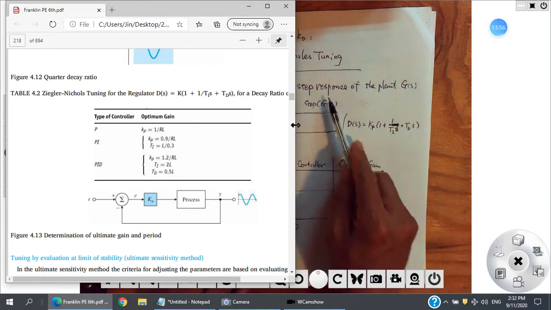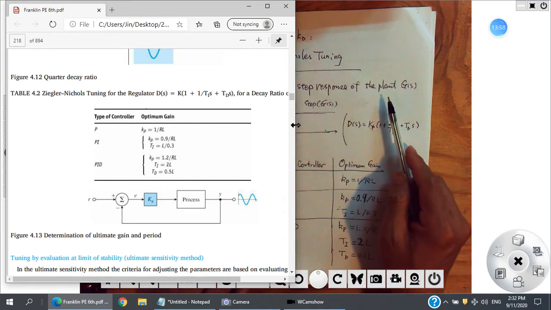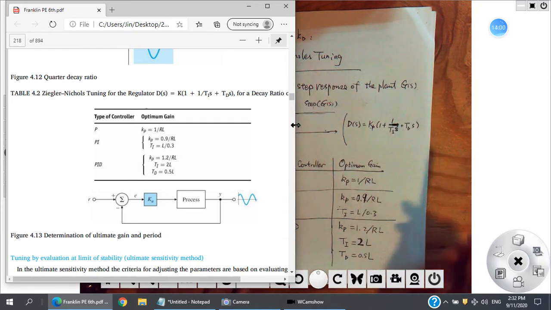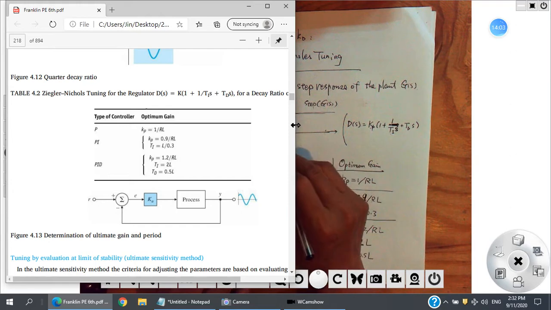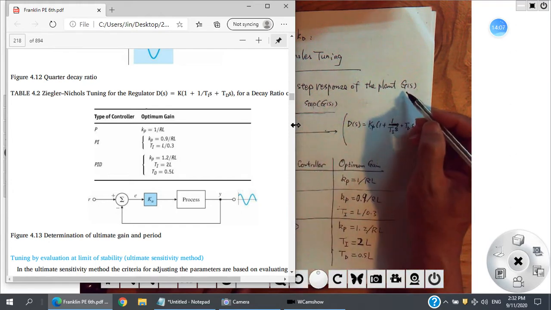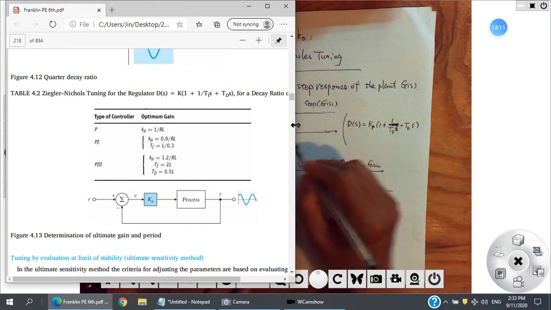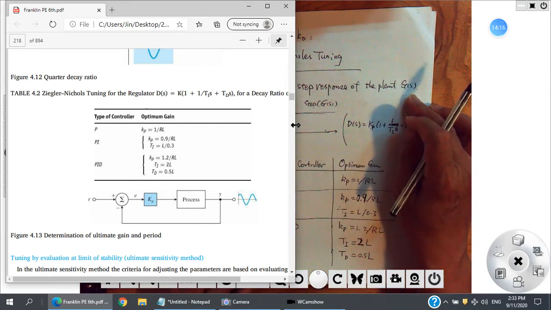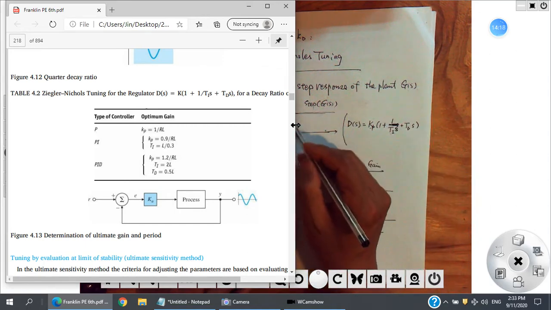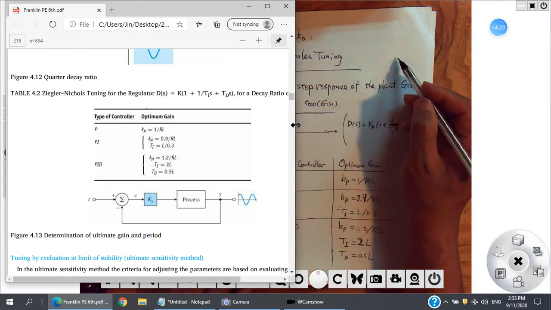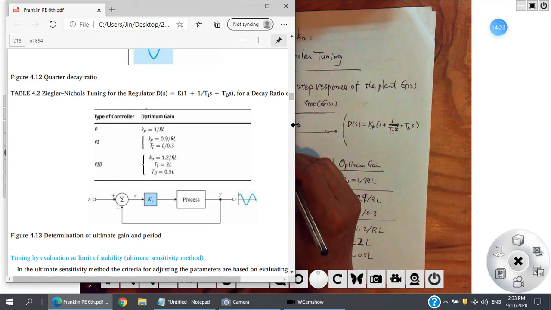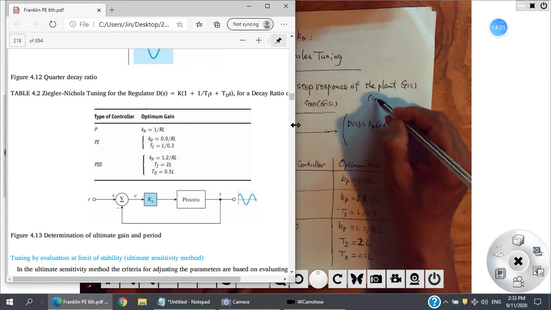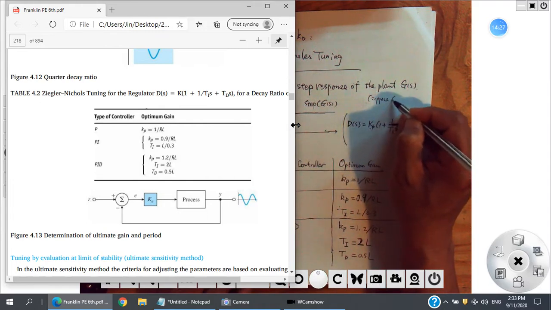So this is based on the step response. But this one has a requirement. You have a steady state A, so that means the plant should be a stable one. If the plant is not stable, then the step response may go to infinity, and then you cannot have A. So here we suppose G is stable.